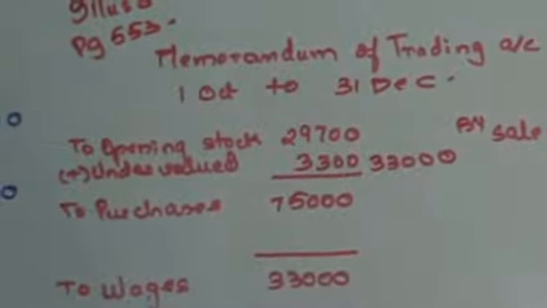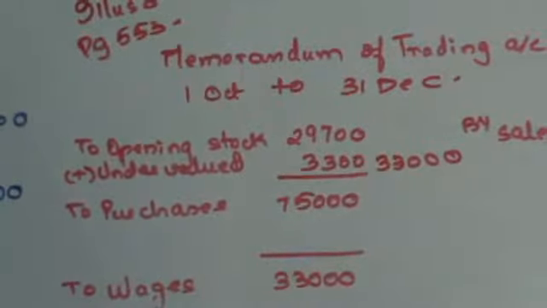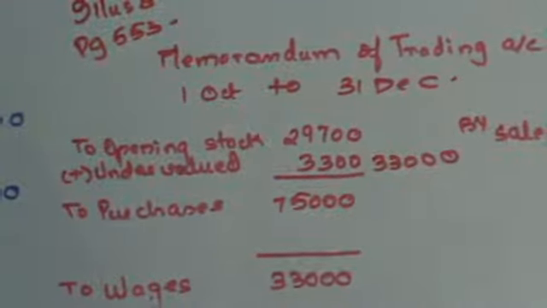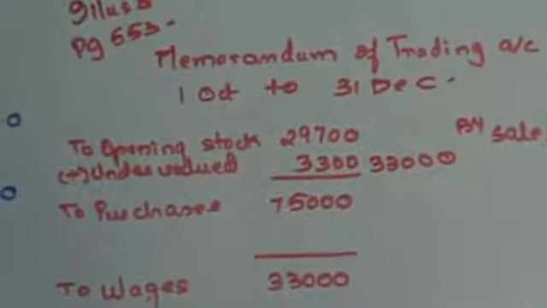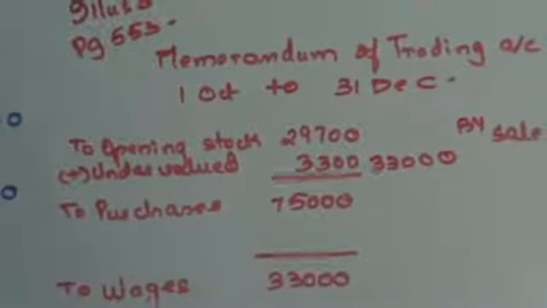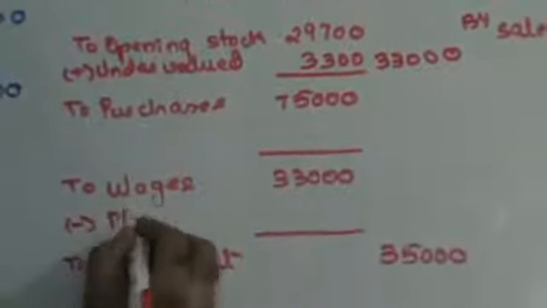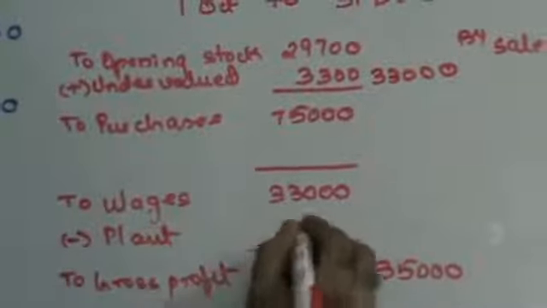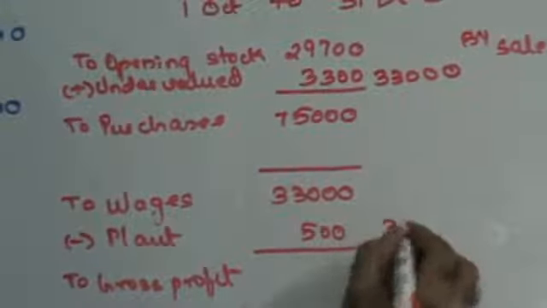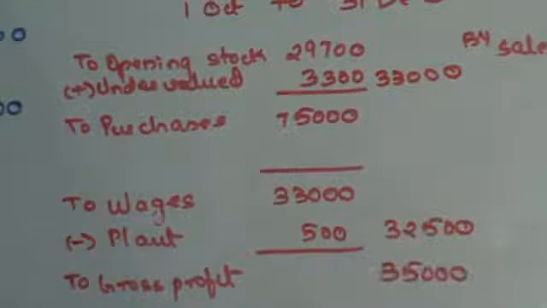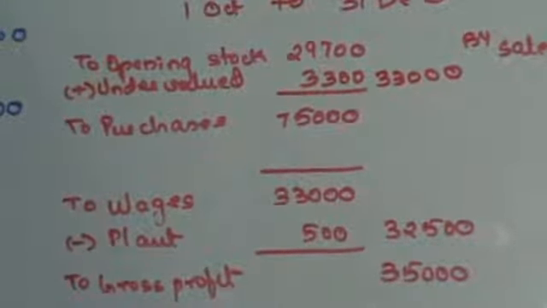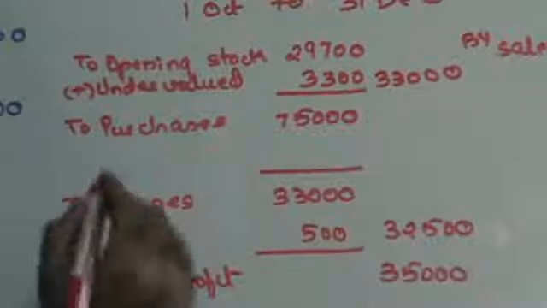Next, let's move on ahead. The plant was installed by the firm's own workers. He was paid 500, which is included in wages. Included in wages, you have to less from wages 500. So that will give you 32,500. Next, purchases include purchase of plant of 5,000.